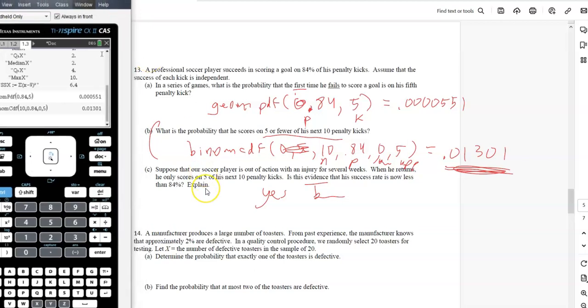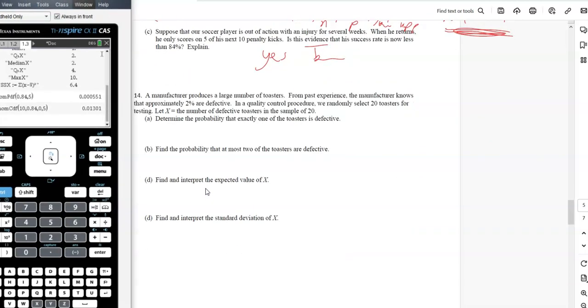Last problem here. A manufacturer produces a large number of toasters. From past experience, the manufacturer knows that approximately 2% are defective. In a quality control procedure, we randomly select 20 toasters for testing. Let X equal the number of defective toasters in the sample of 20. What's the probability exactly one of the toasters is defective?